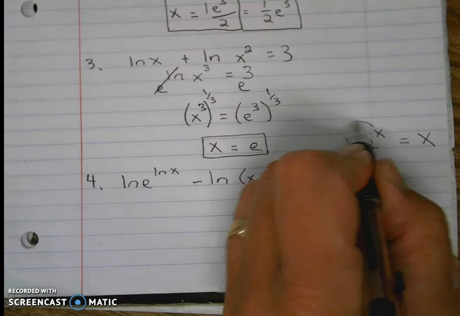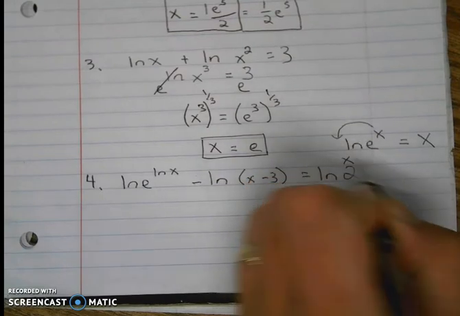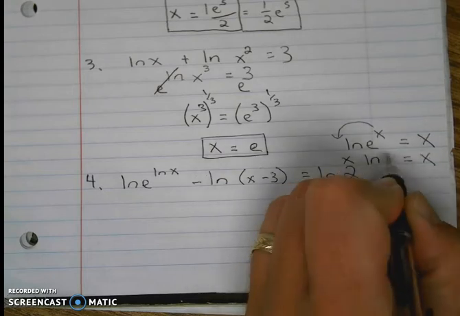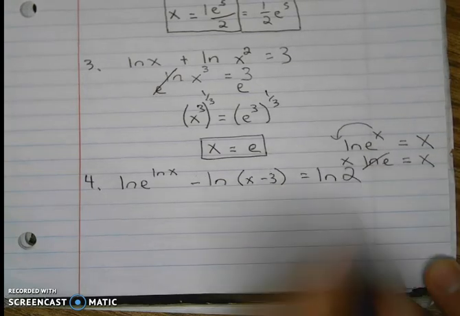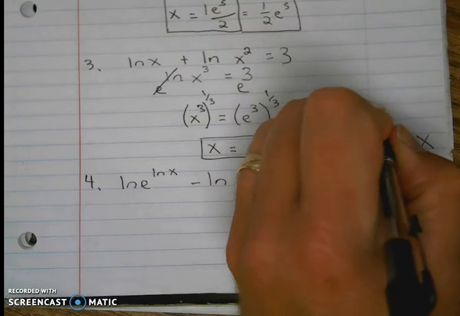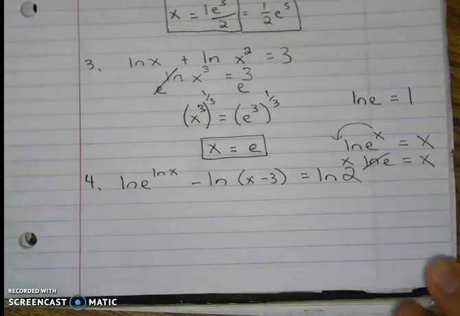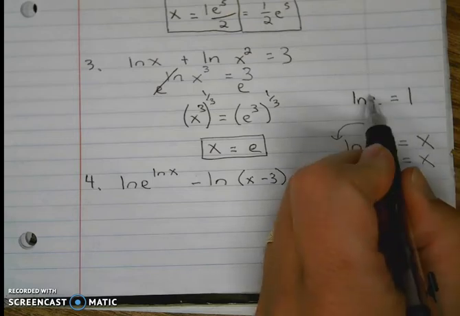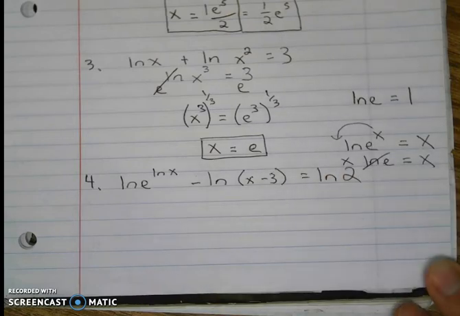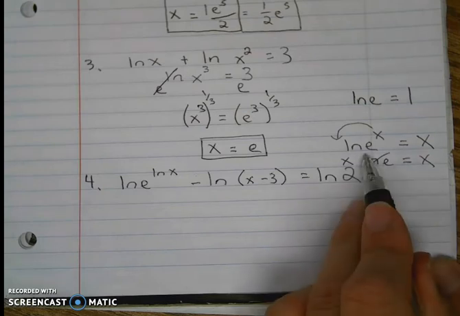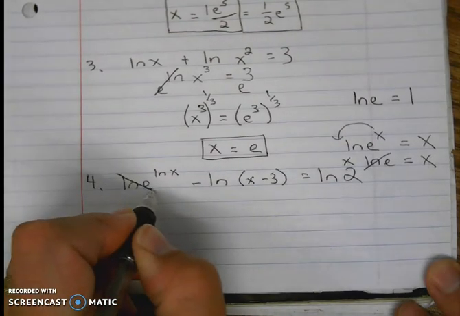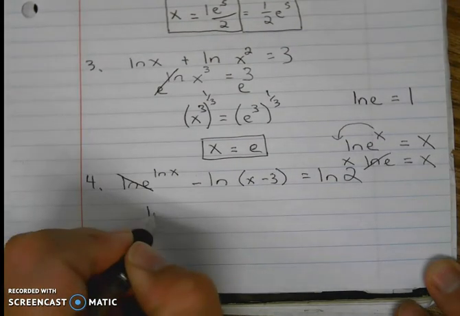We'll move that x down front here like this, and the natural log of e is equal to 1. We'll write that up here, because e to the first power is equal to e. So x equals x. So knowing this now, we know that this natural log of e is going to cancel, leaving us with the natural log of x.